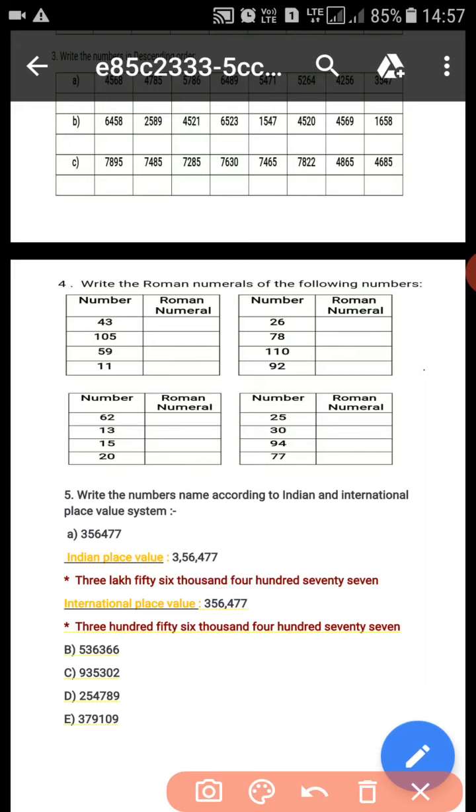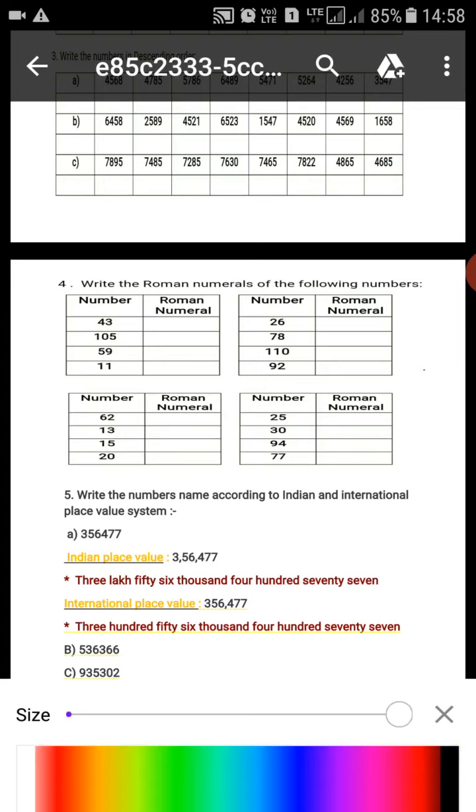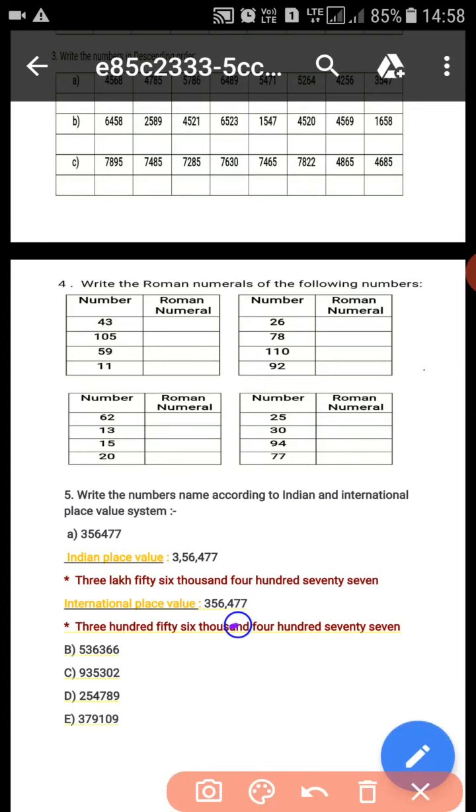And in the international place value system, we have to put a comma after every 3 digits from the right. Here after every 3 digits we will put a comma.